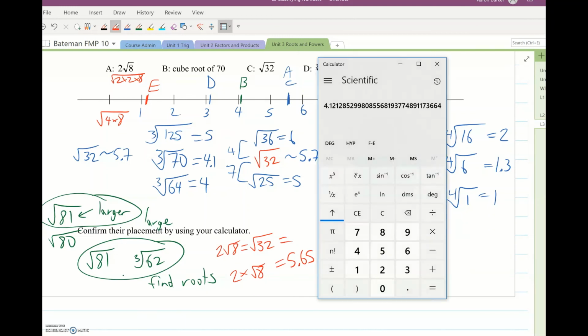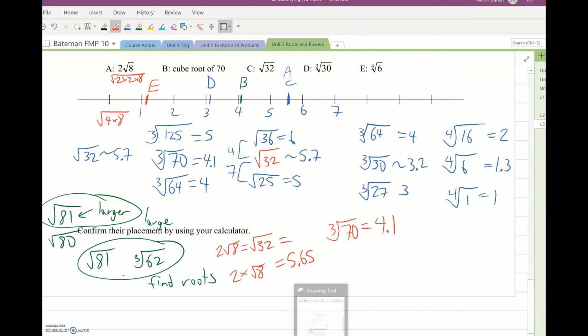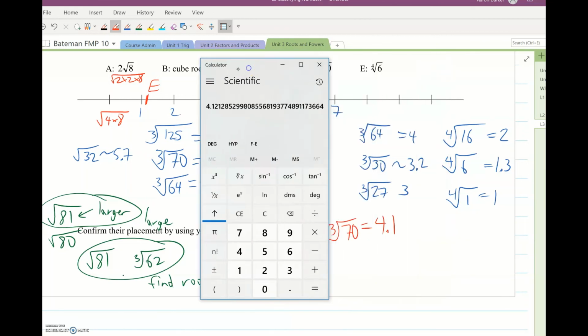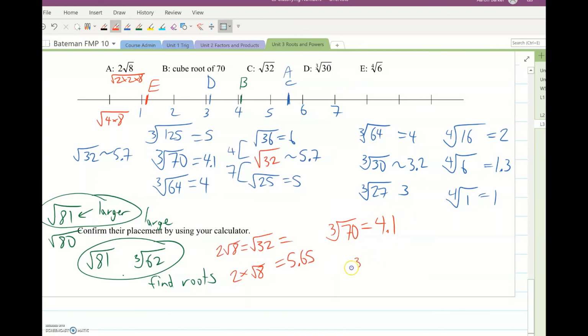Again, this is another calculator check. So if you don't want to do it, that's fine. You're just not going to learn how. Cube root 30, again, don't use your cheat button. Use the one where you use the index for anything. 3.1, so cube root 30 equals 3.1. Not bad at 3.2.